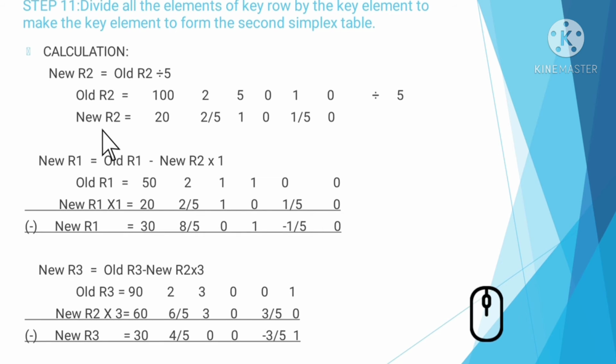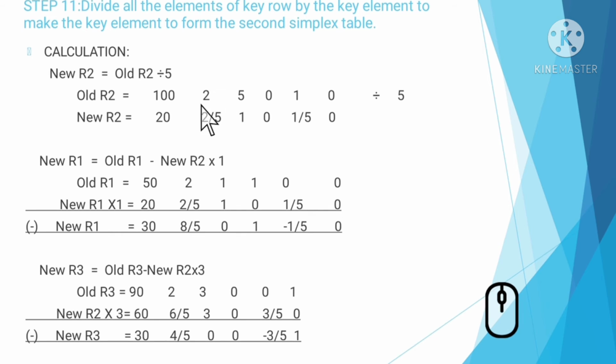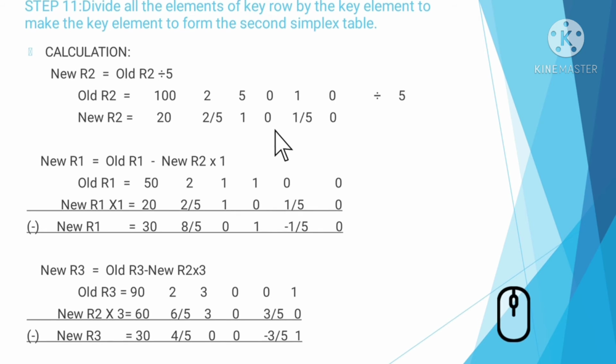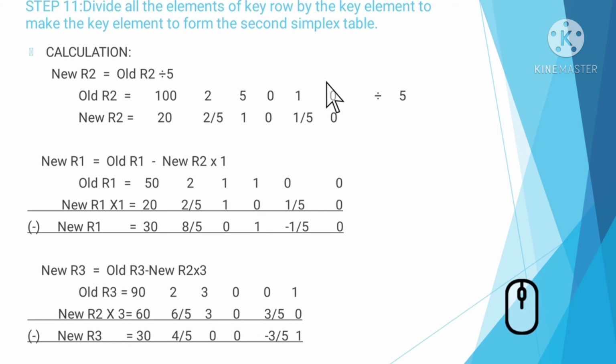So new R2 is 100 divided by 5 is 20, 2 divided by 5 is 2 by 5, 5 divided by 5 is 1, 0 divided by 5 is 0, 1 divided by 5 is 1 by 5, and 0 divided by 5 is 0.